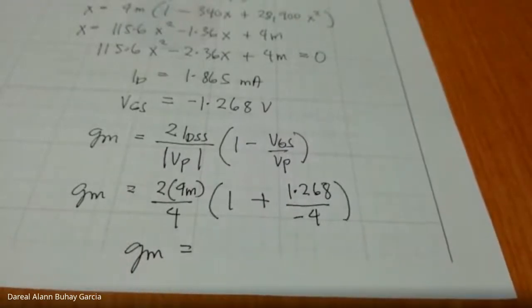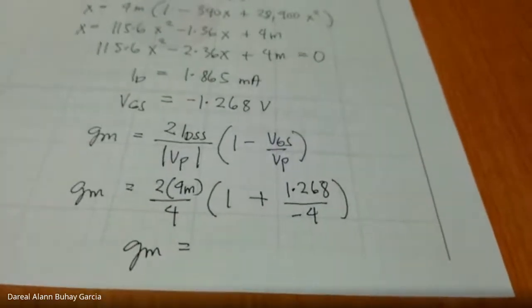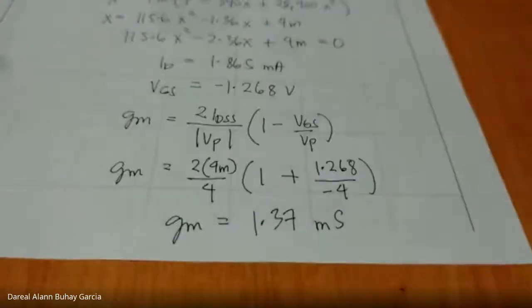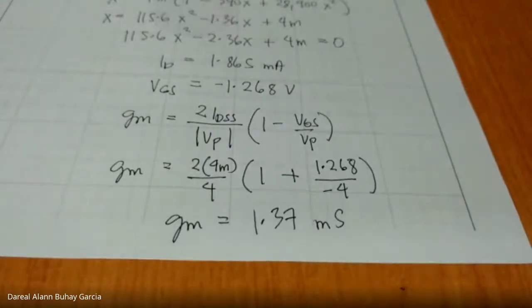Milli? Oh, millisiemens. 1.37 millisiemens. That's the reciprocal of ohms, right? So that's our GM.